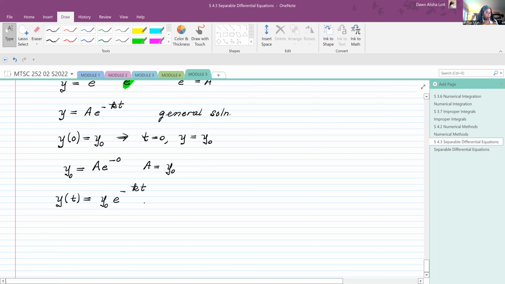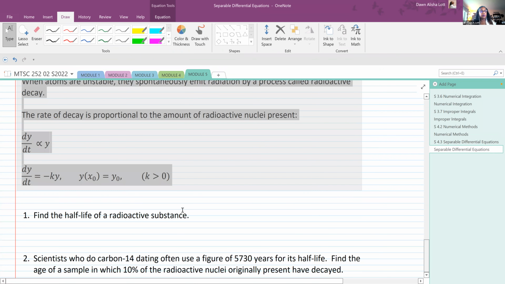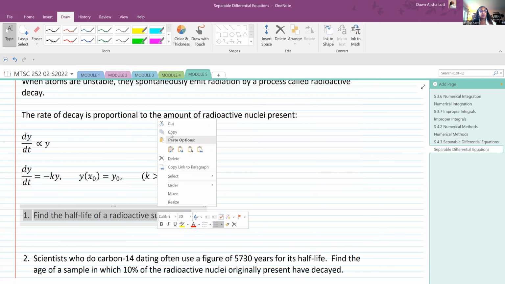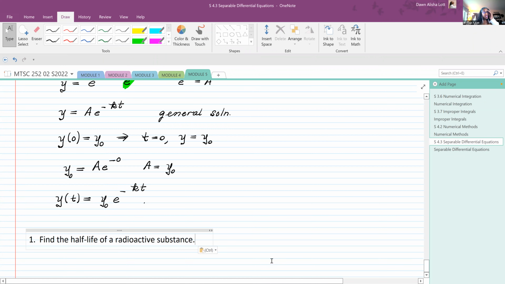So I have two questions. The first one is, let's find the half-life. What in the world is half-life? Find the half-life of the radioactive substance.